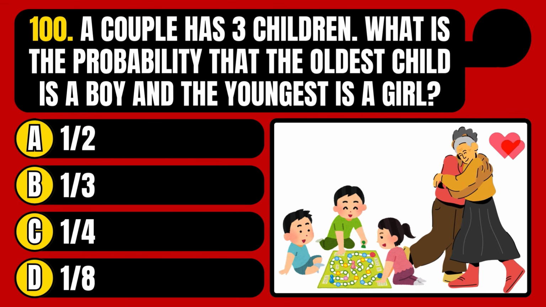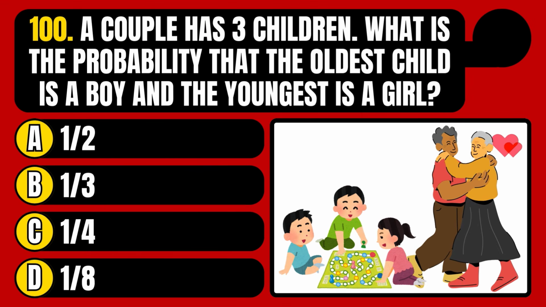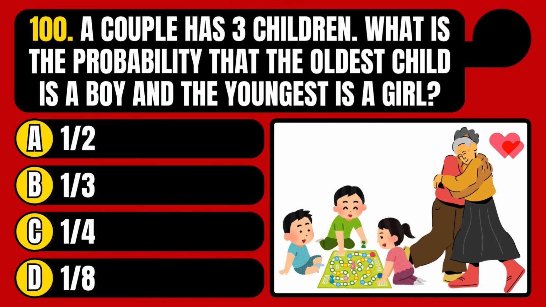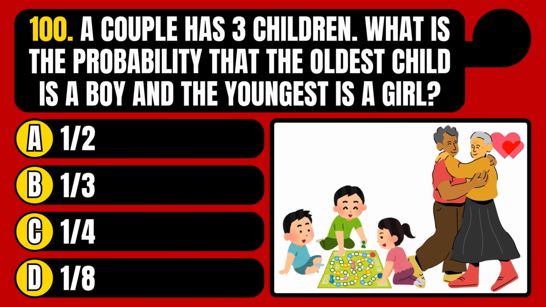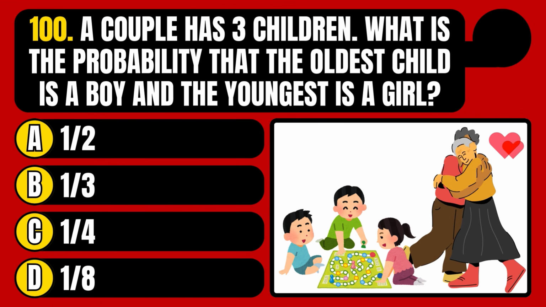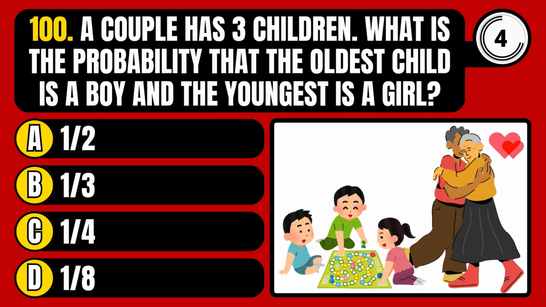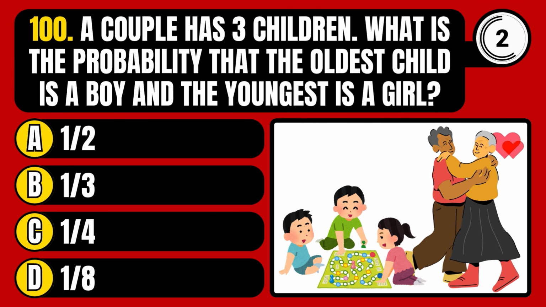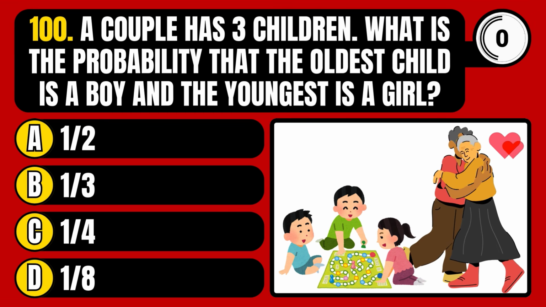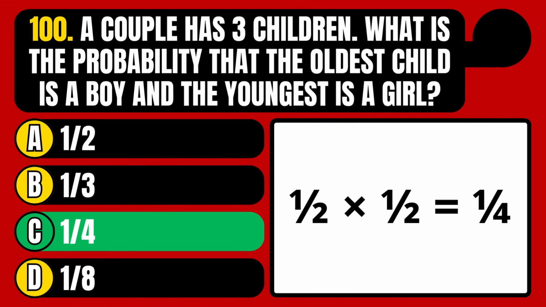A couple has 3 children. What is the probability that the oldest child is a boy and the youngest is a girl? 1/2, 1/3, 1/4, or 1/8? The correct answer is option C, 1/4.